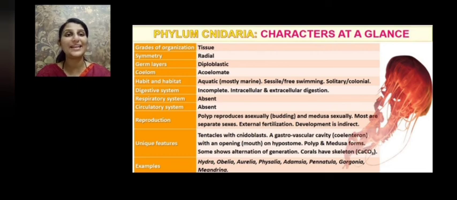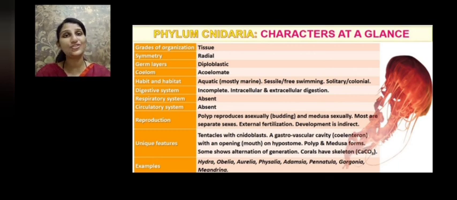The habit and habitat: they are aquatic, either sessile, that means sedentary, or free swimming. The digestive system is incomplete, and digestion can be intracellular or extracellular. The respiratory and circulatory systems are absent in cnidarians. Reproduction is by asexual or sexual means. Asexual reproduction takes place in polyps by budding, and sexual reproduction takes place in medusa.